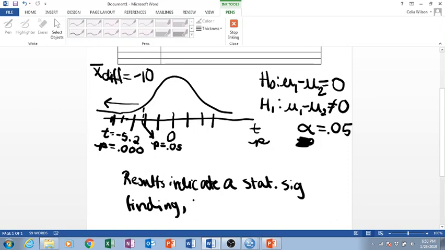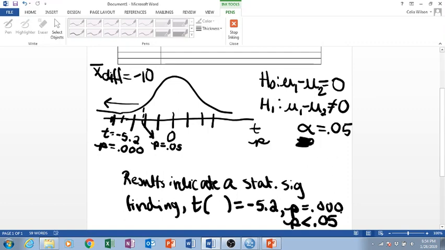And then remember you could do your T, and then I'll go grab that degrees of freedom, equals negative 5.2. And then you could say P equals 0.000, or you could say P was less than 0.05. Either way is correct.